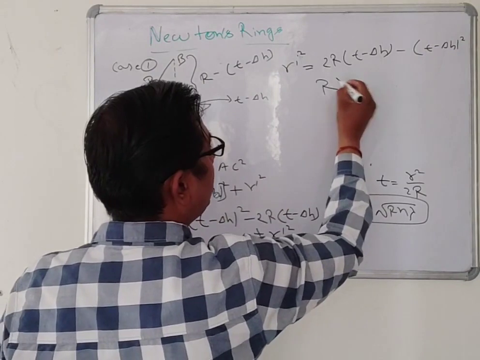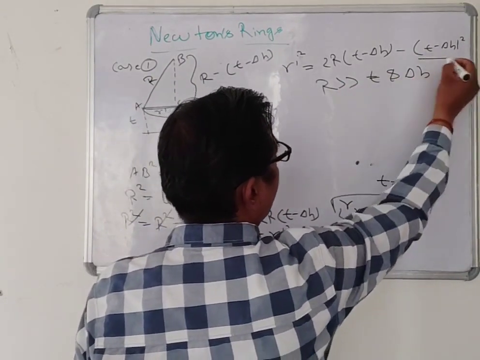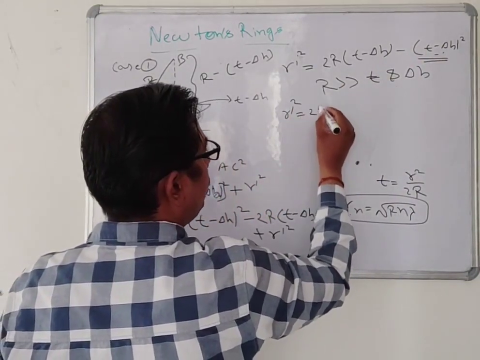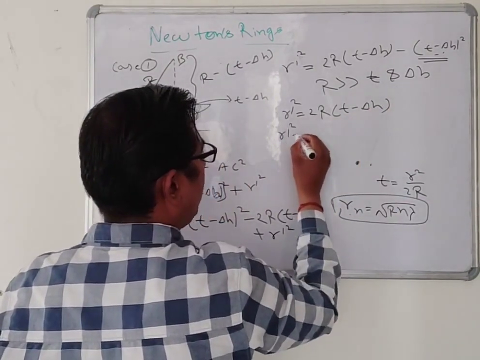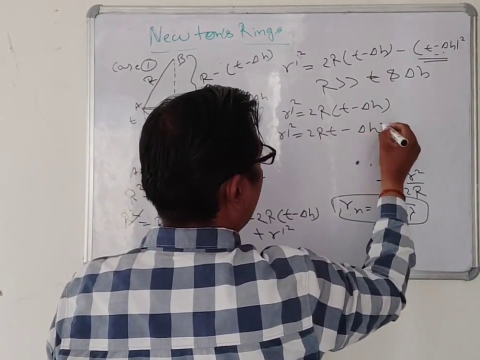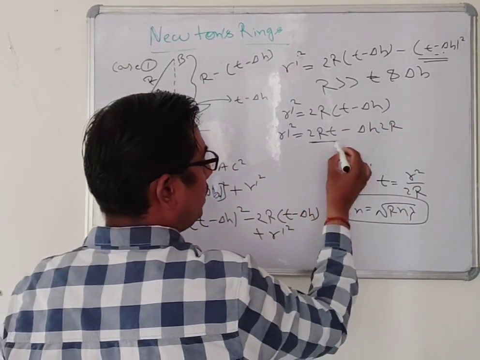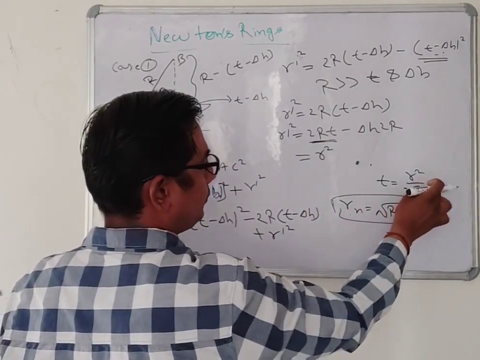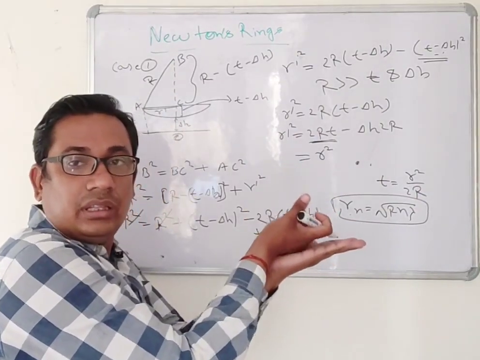You know that R is much larger than T and delta H. It means that the square term is also very small, so we can neglect this term. R dash square is 2R T minus delta H, which is 2R. You can see that this one is equal to R square when the plano-convex lens is just in contact with the plane glass.